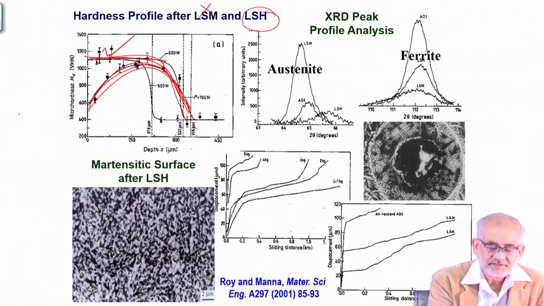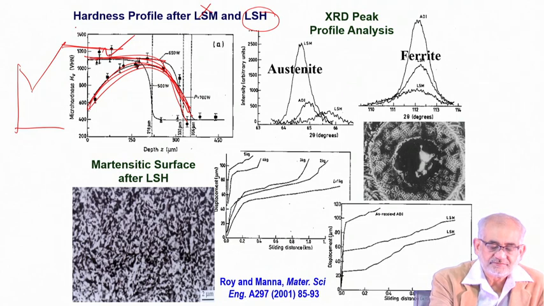In other words, if this is the eutectic isotherm, and if this is your composition, if you manage to heat up to this temperature and not go into the semi-solid region, which will have gamma plus liquid, so liquid may form if you cross this isotherm.